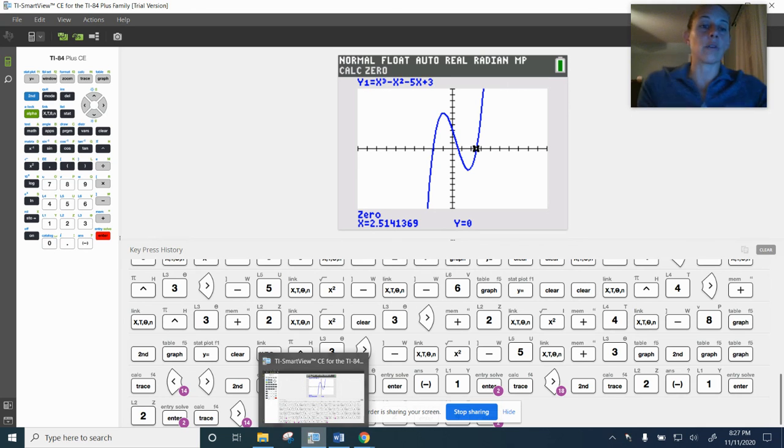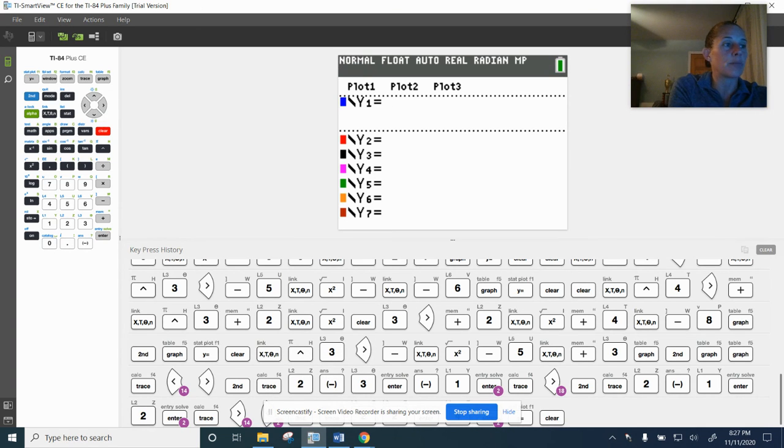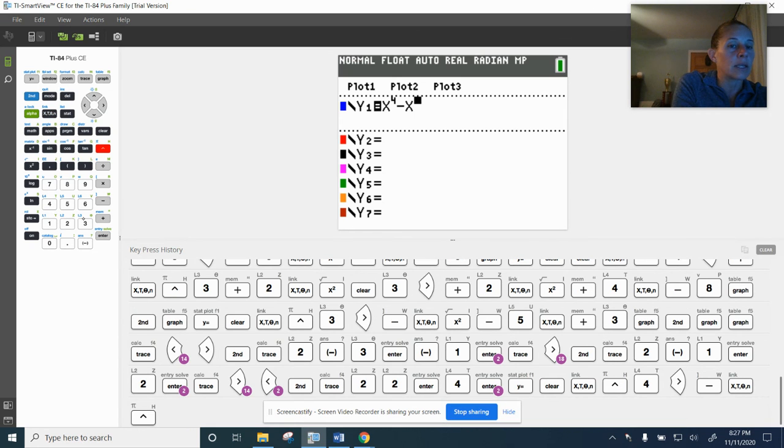So going into my calculator, go to my y equals, clear out the previous polynomial equation, put in x raised to the 4th minus x raised to the 3rd minus 4x squared minus 3x minus 2.